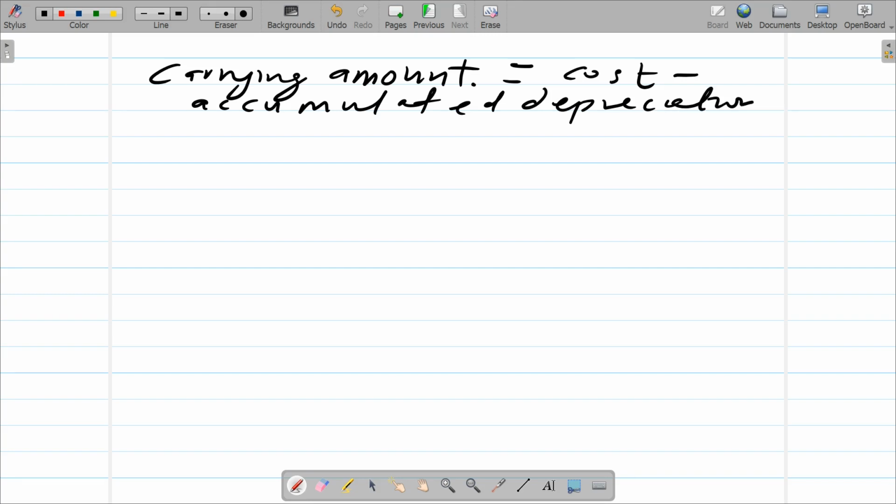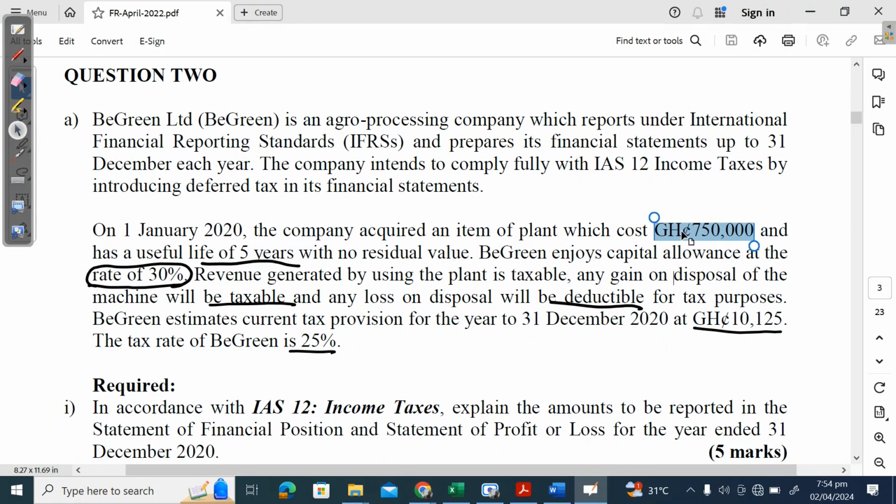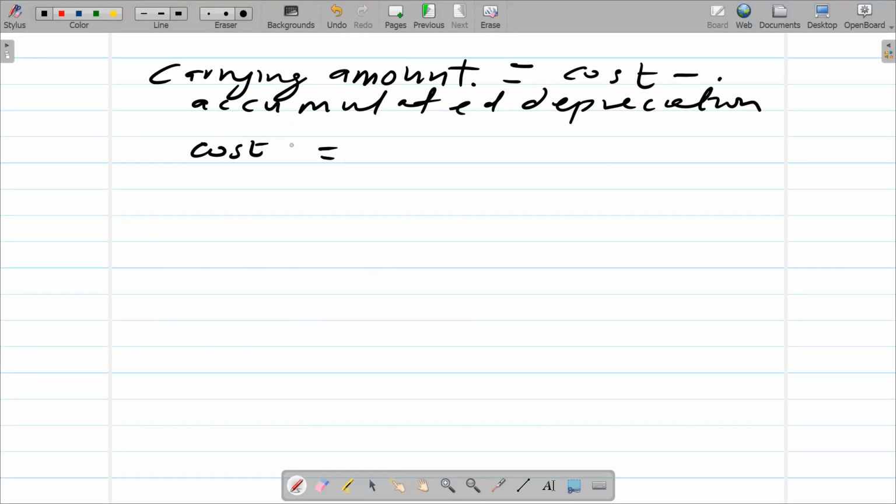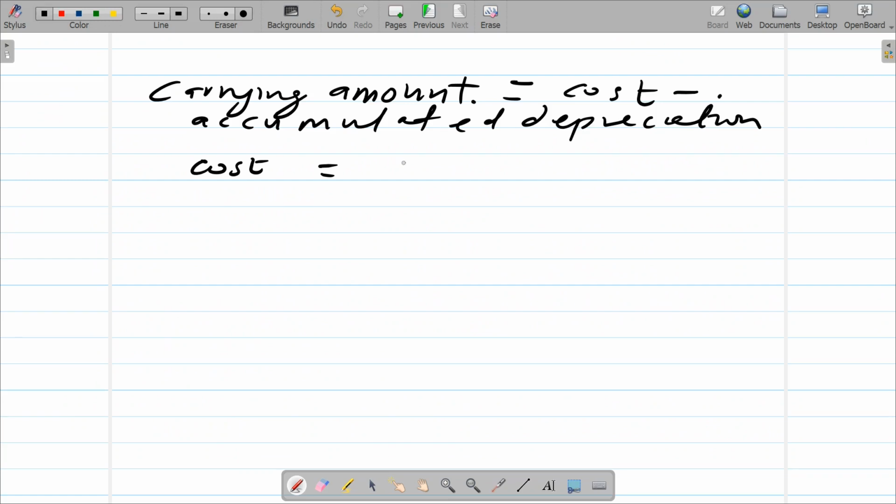From the question, the cost of the asset is how much? 750,000. So that's the cost of the asset.